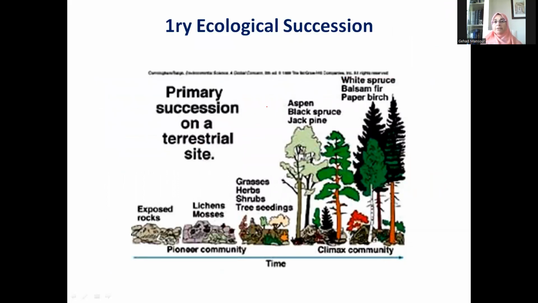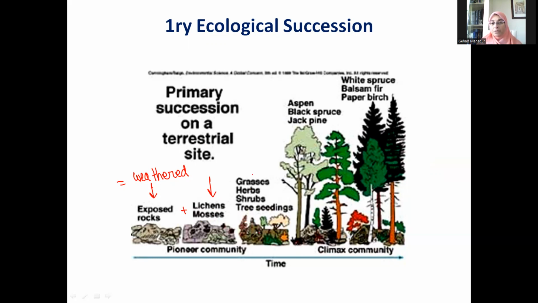So here we can have a diagram where we discuss the primary ecological succession. So, for example, here you have the exposed rocks or the weathered rocks. And on the weathered rocks, we have lichens and moss spores, lichens plus mosses.